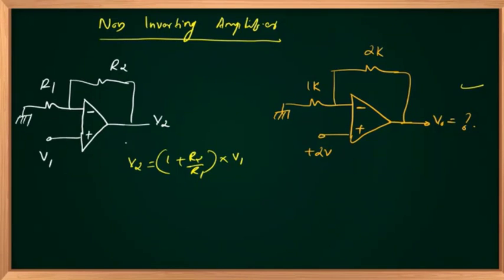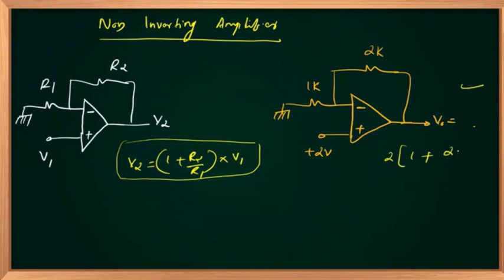Right? This everybody knows. Non-inverting amplifier. Gain is 1 plus R2 by R1. And directly you can apply this. Right. 2 multiplied by 1 plus R2 is 2K, R1 is 1K. So 2 plus 1, 3 into 2, positive 6 volts. Done.